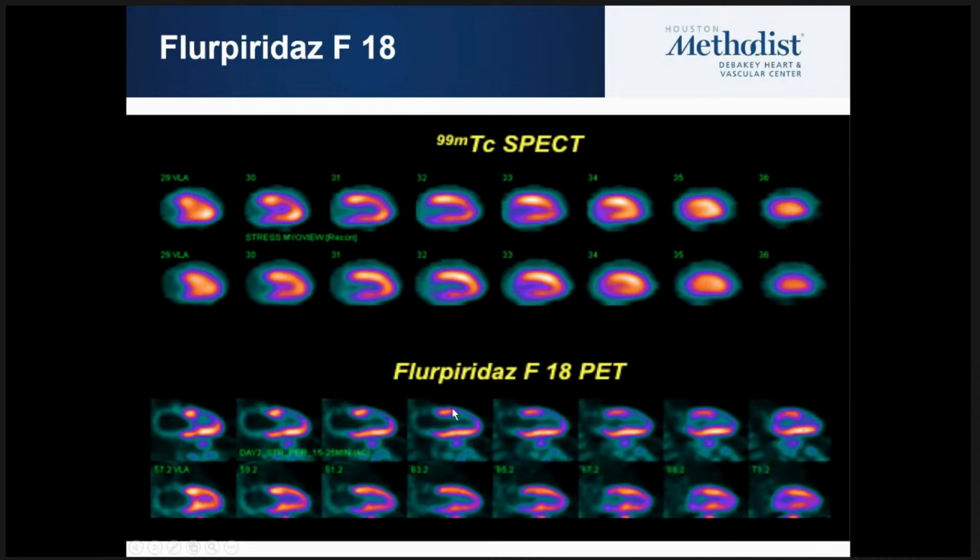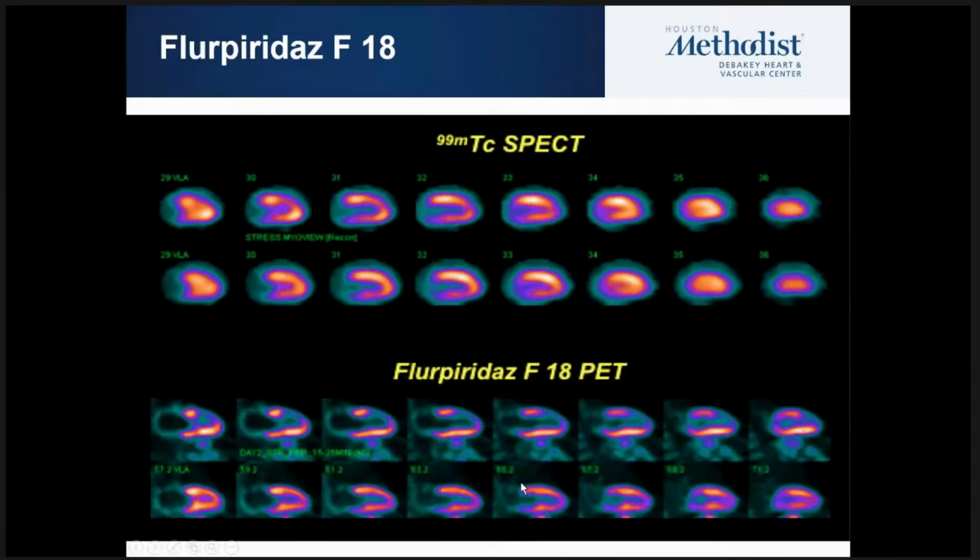This is a trial comparing flurpiridaz PET to technetium SPECT. And this is another case where the images look good, but on SPECT there is an inferior defect, and on flurpiridaz PET, there is no defect that you can see here.